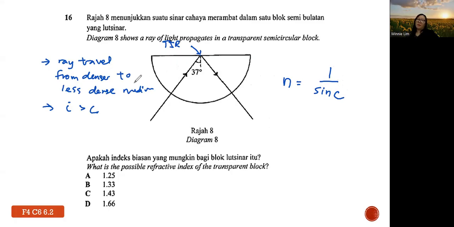But vice versa, if the angle of incidence is less than the critical angle, there won't be total internal reflection. The ray will just undergo refraction.